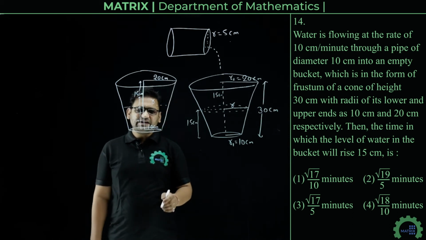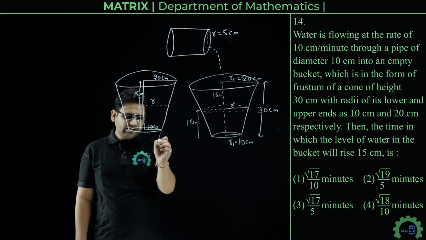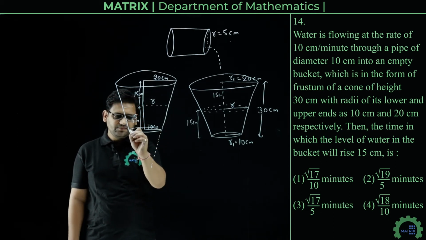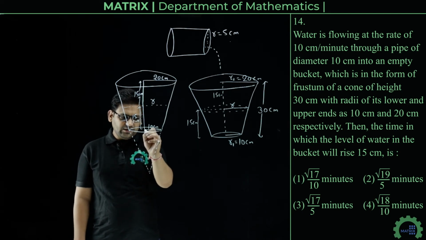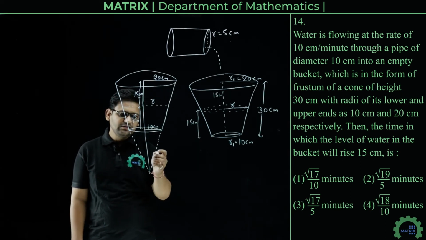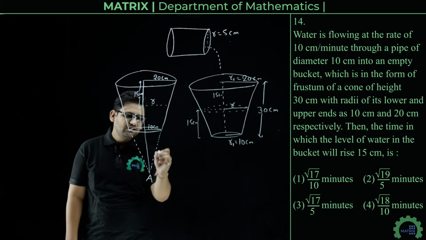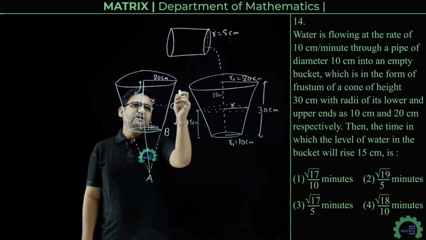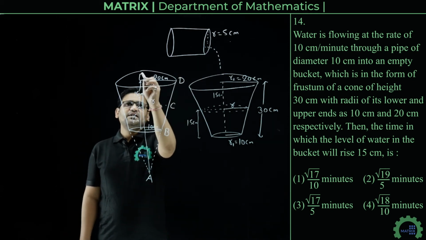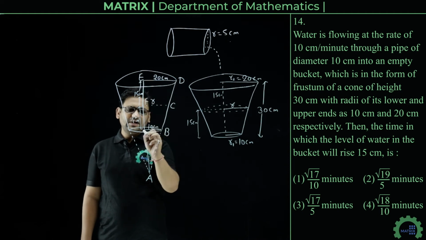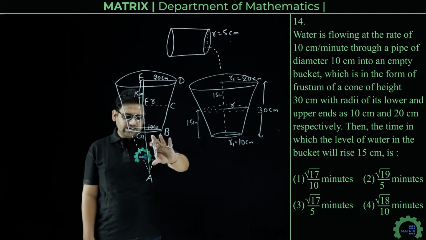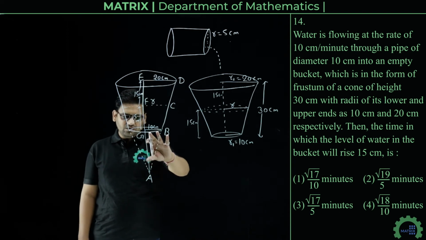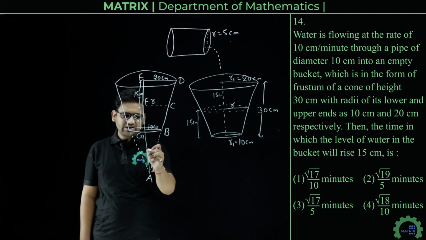Now to find this radius, we will complete this conical shape and join this line. Let's say these points are A, B, C, D, E, F and G. Let's say the height or the length of the line segment AG is h.